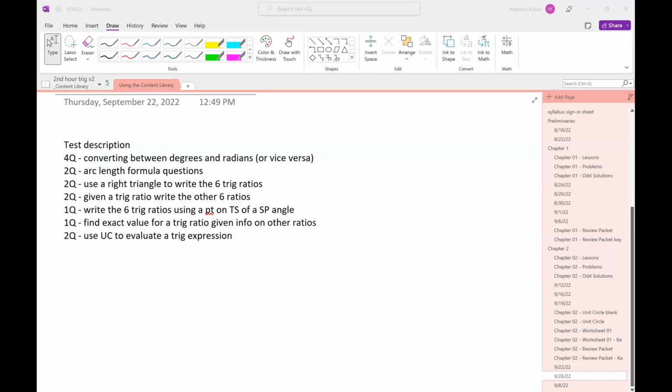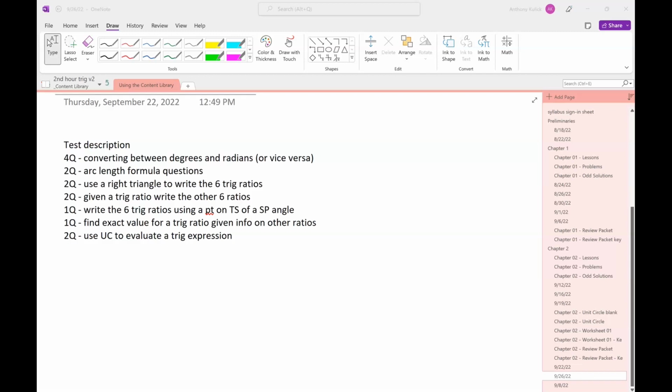What you're looking at is also on your OneNote, so you don't need to necessarily write it down unless you want to, which is fine. After we talk about the test format, I'll take questions from you guys, homework questions, review questions, whatever. And then I'll let you guys spend the rest of your time today in class working on whatever you need to.